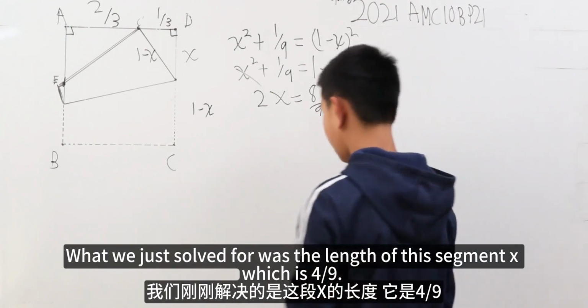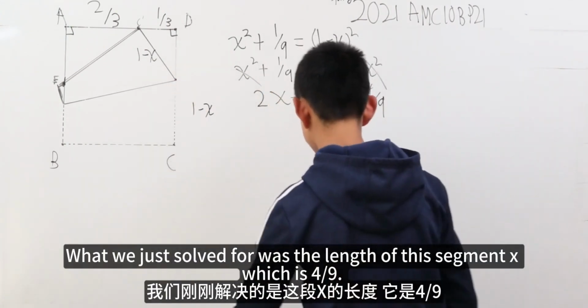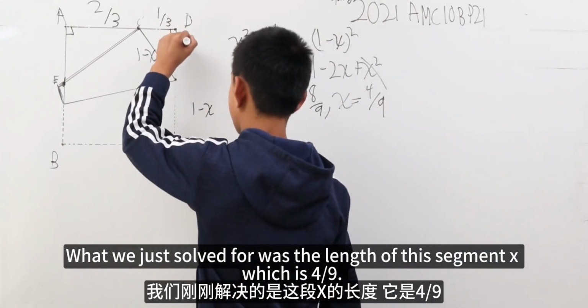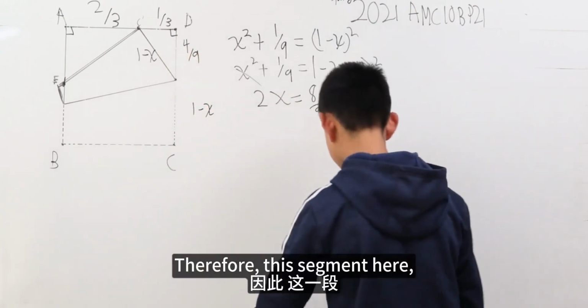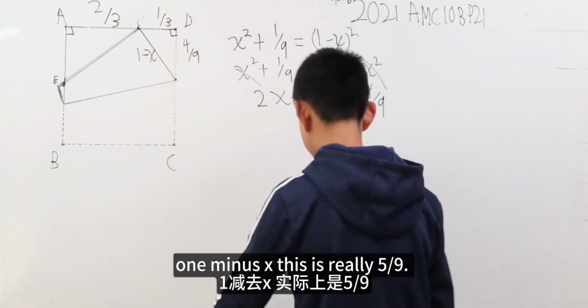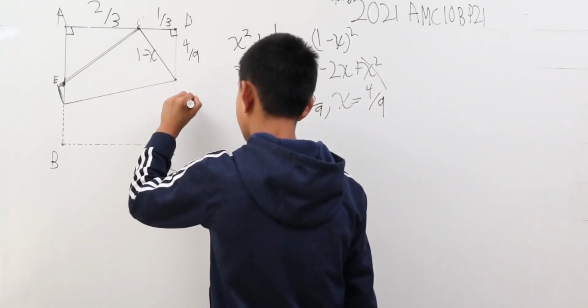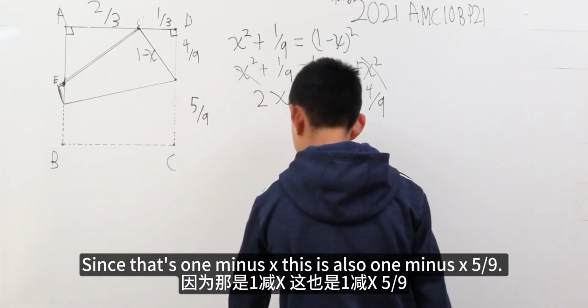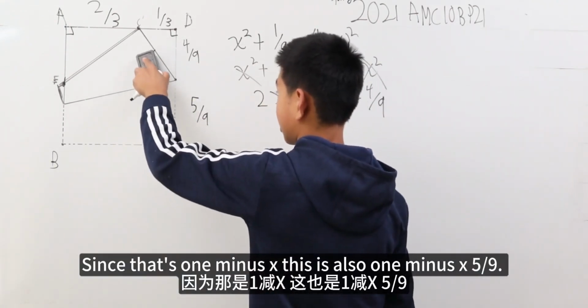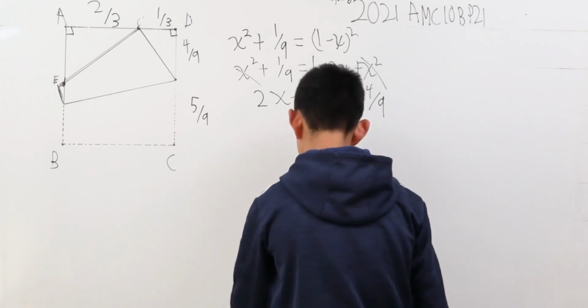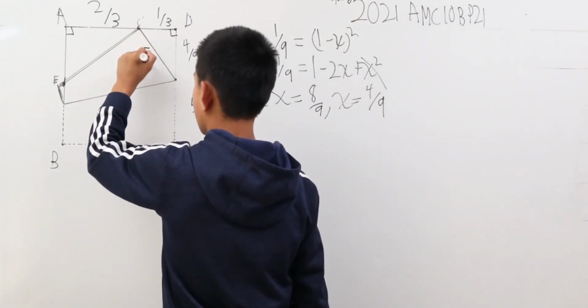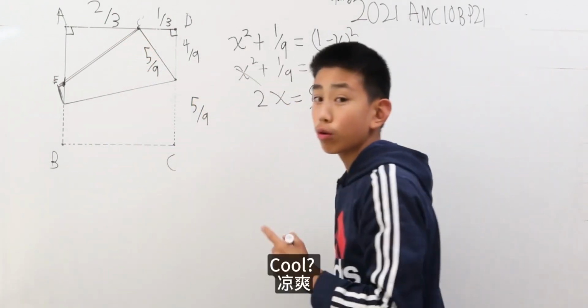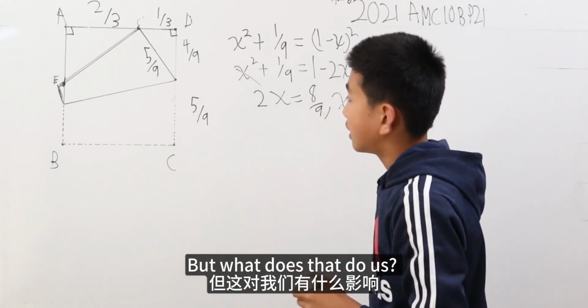So the length of this segment x is 4/9. Therefore this segment, 1 minus x, is 5/9. Since that's 1 minus x, this one is also 5/9.